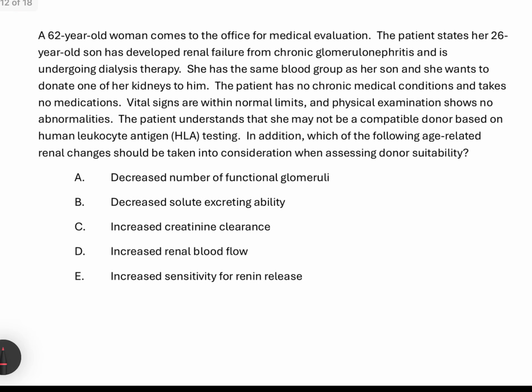Our next question is: a 32-year-old woman comes to the office for medical evaluation. Which of the following age-related renal changes should be taken into consideration when assessing donor suitability? Whenever you are going for donor suitability, the donor has the same blood group, and the patient, who is 26, has renal failure.